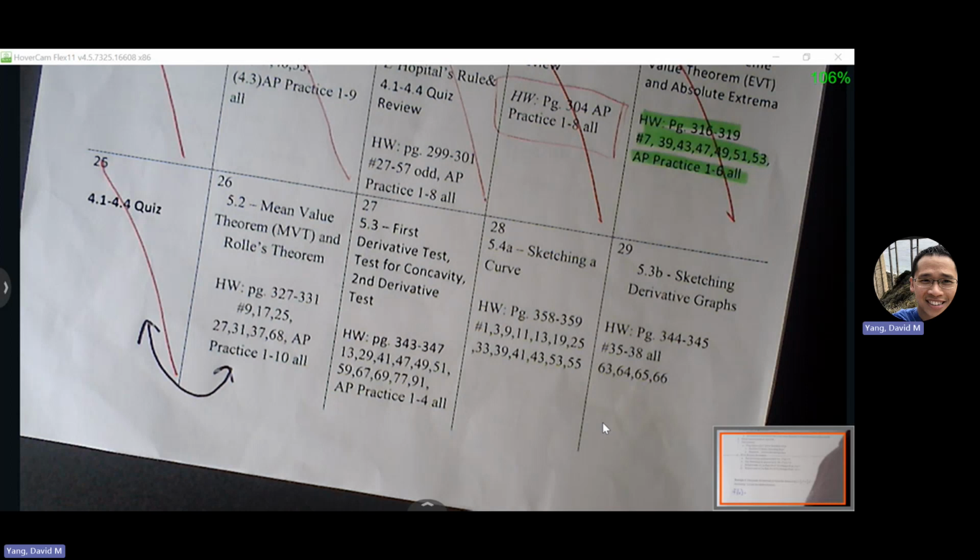And then once you get everything nicely cleaned up into a nice rational function expression, then you're going to set your numerator equal to 0, set your denominator equal to 0, and anything that you find, you're going to place onto your f prime sign line. Okay.